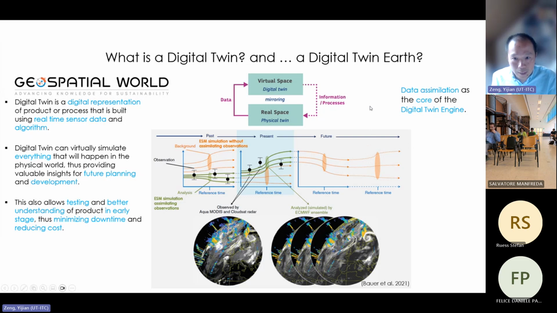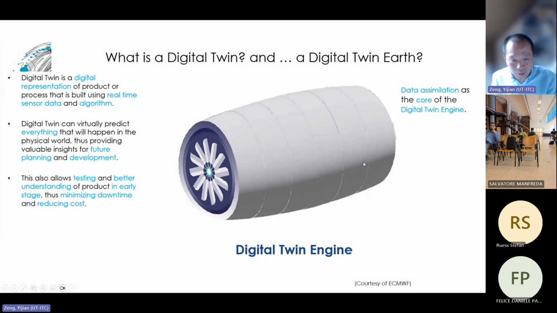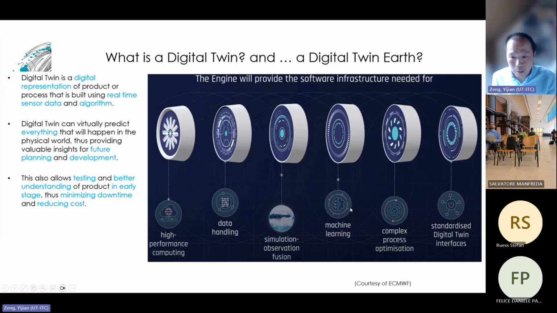With that, I may also briefly introduce the current digital twin engine, or digital twin Earth, established by ECMWF. They have basically six components. You have high performance computing, and also data handling, which mainly links to big data processing. And then there is simulation and observation fusion, which is called data assimilation as well.